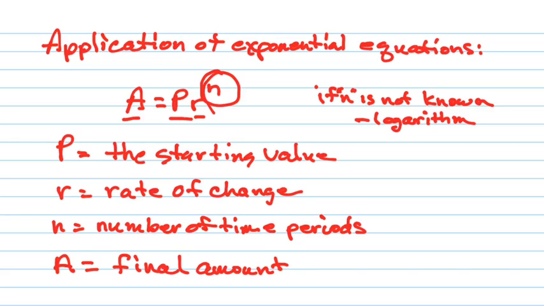Let's go through the example they've given you so you can see where everything goes. Amanda borrows $100,000 from her parents so she can buy a house. We need a P, an R, an N, and a capital A for the final amount. If she borrowed $100,000, that's the starting point, the starting value, so that's always the P. What if I paid $300,000 for a house?